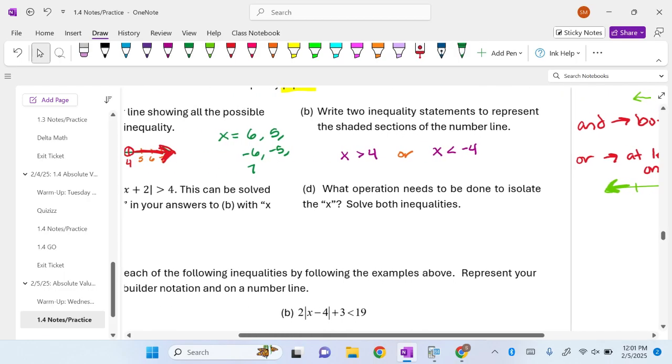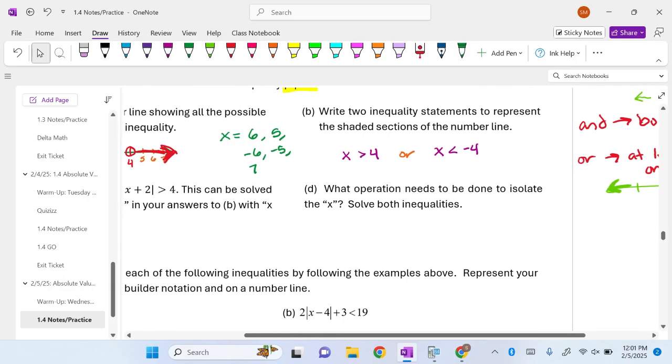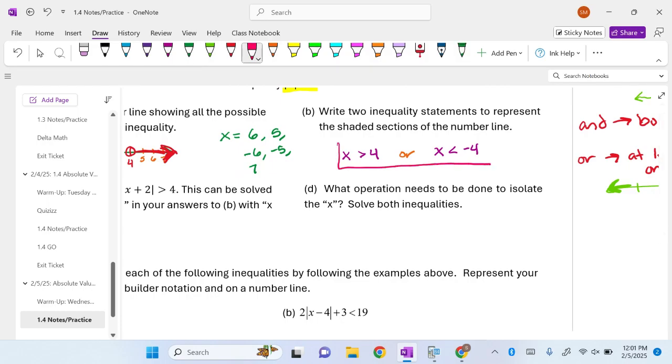Now, AND graphs you can just write as compound inequalities like we did up top. But for OR graphs like we have here, this is how you would write your answer. X is greater than 4, or, so we're saying X can be greater than 4, or X can be less than -4, and it makes our statement true.